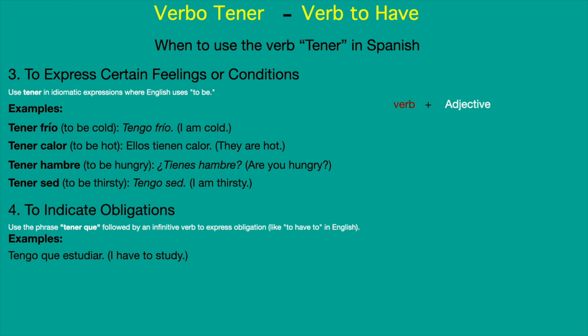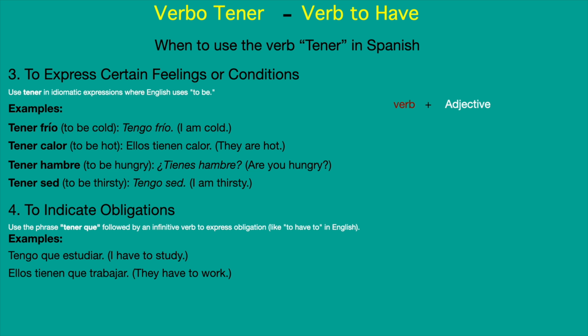Tengo que estudiar is the same as when you say "I have to" in English, and then you put the verb in the infinitive. So, tengo que estudiar, I have to study. Then we have, they have to work: ellos tienen que trabajar. Trabajar is the verb in the infinitive, to work.